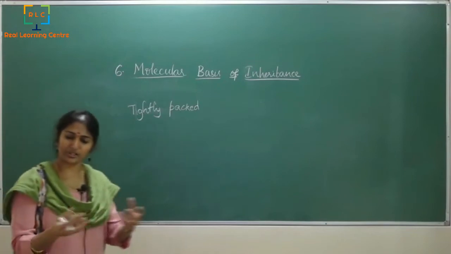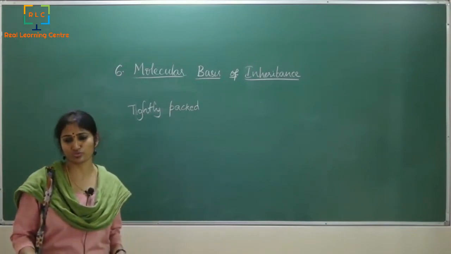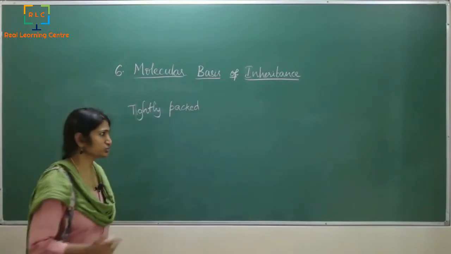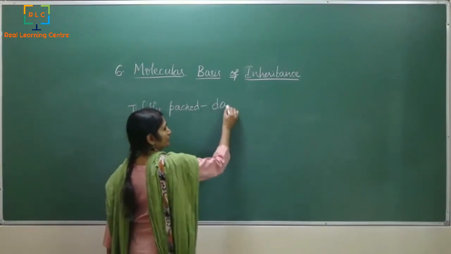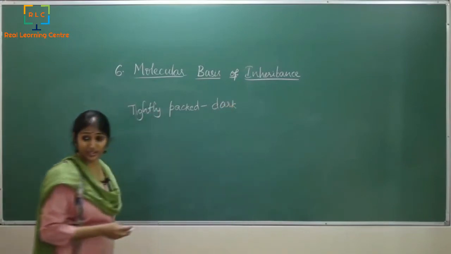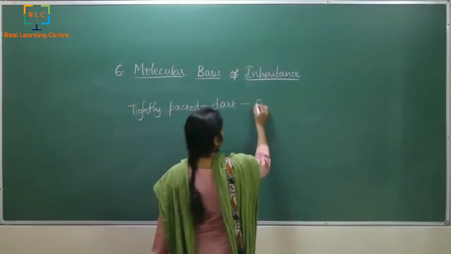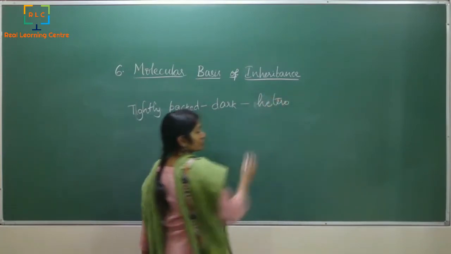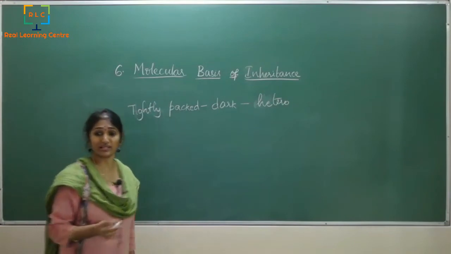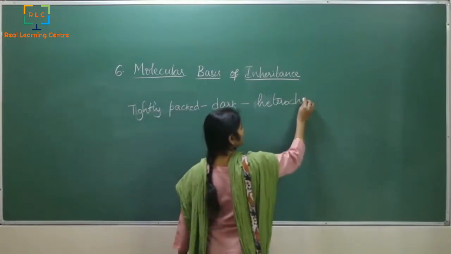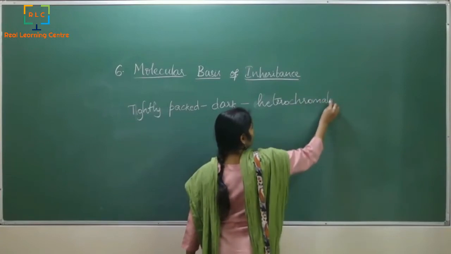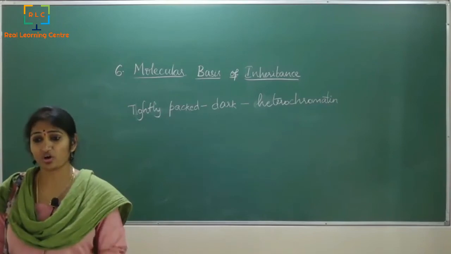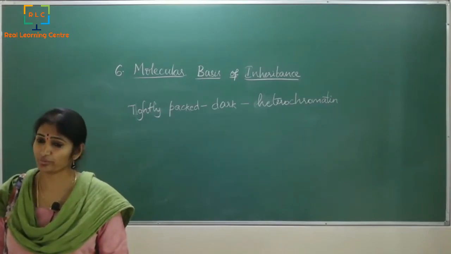They're not a completely separated part from the chromosomes, and if I stain them, you see that they appear darker. And such regions is what we call the heterochromatin. Such regions of the DNA densely packed on the chromosome, we call the heterochromatin.